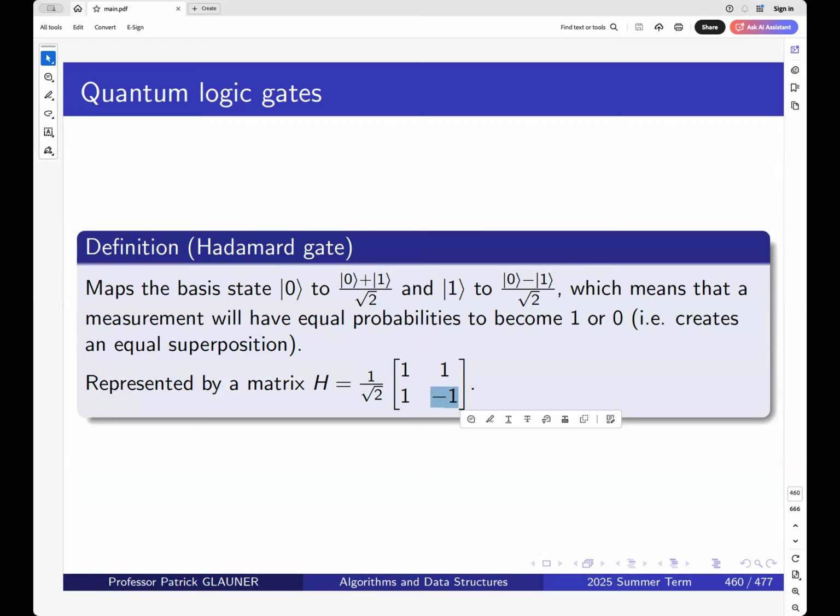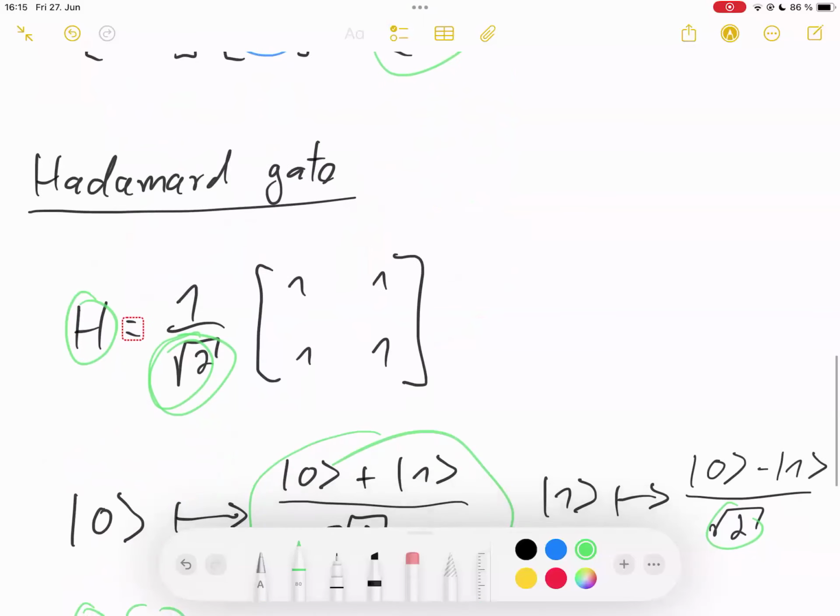Well, I'll quickly switch back to the iPad just to fix it in case we need it again. So very important, this is a -1, and it's correct in the slides.